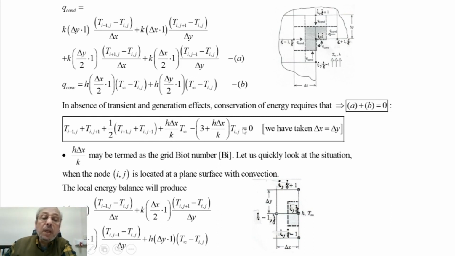And that is the nodal equation for this Tij, which is an interior corner. We are getting H delta x by k in this equation.